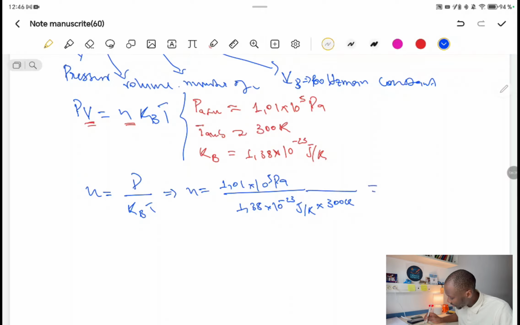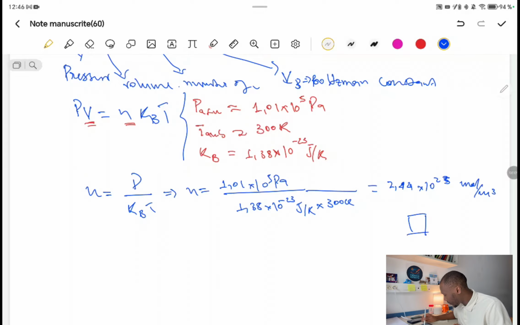This gives us approximately 2.44 times 10 to the power of 25 moles per each meter cubic. It means that per each meter cubic where the gas is, we have approximately 2.44 times 10 to the power of 25 moles.